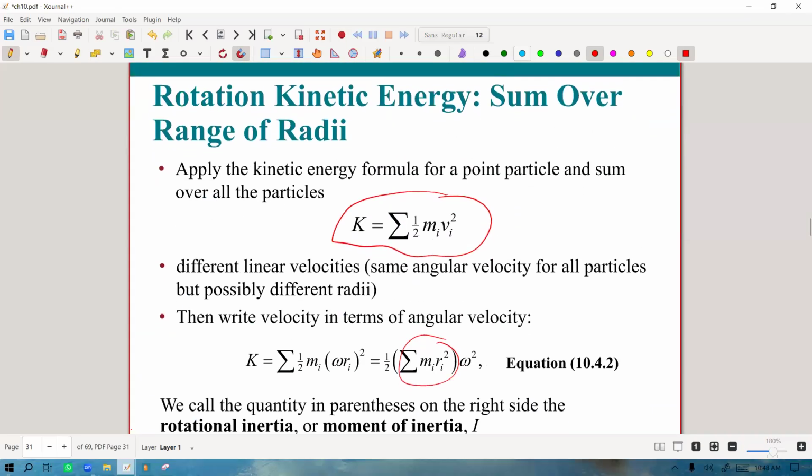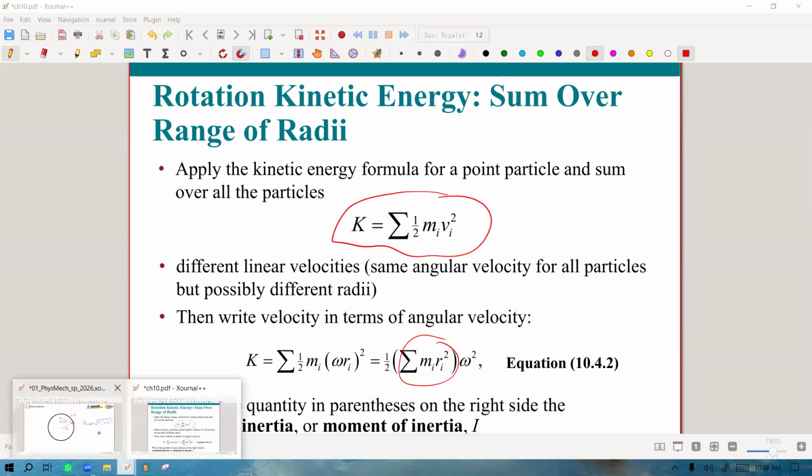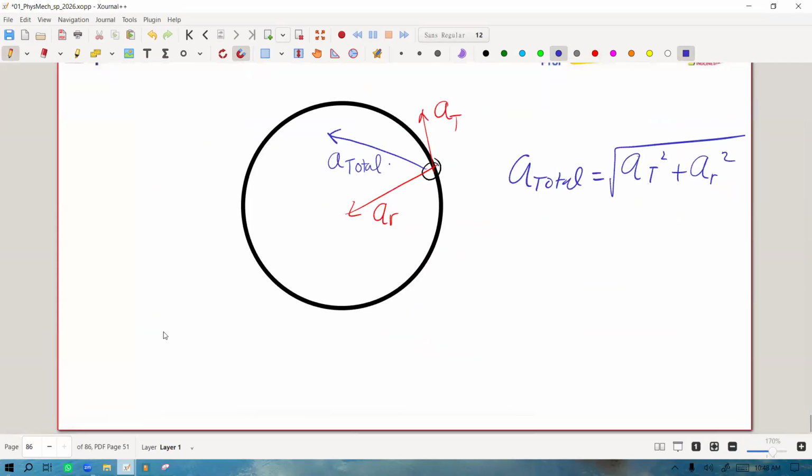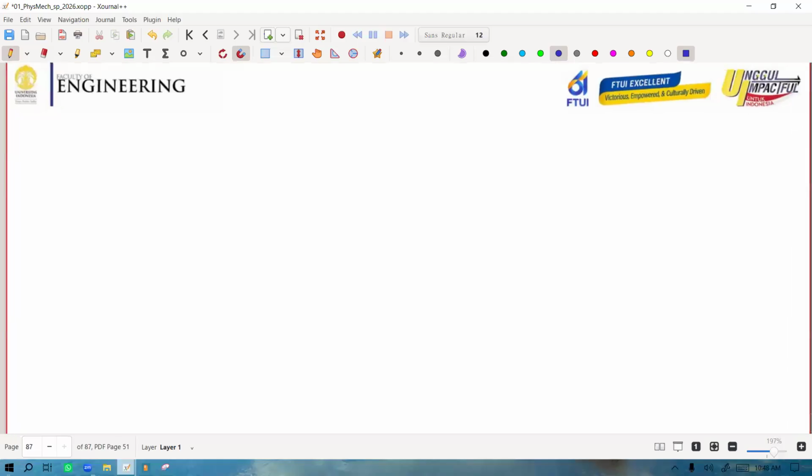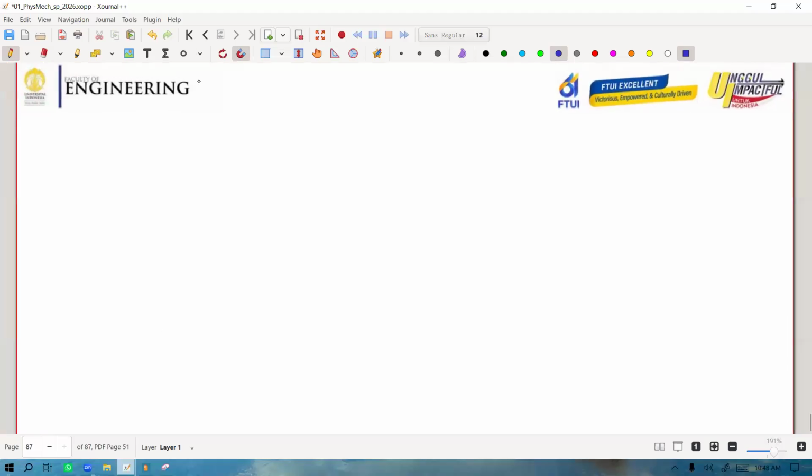You can imagine this situation. For example, if you have three-dimensional Cartesian coordinates, this one is the x, y, and z axis.